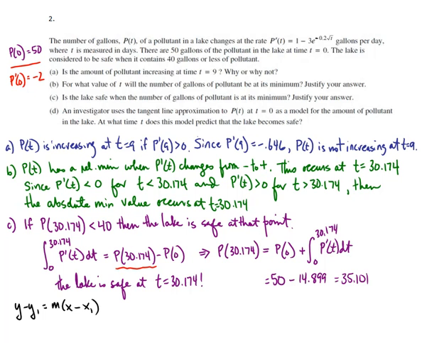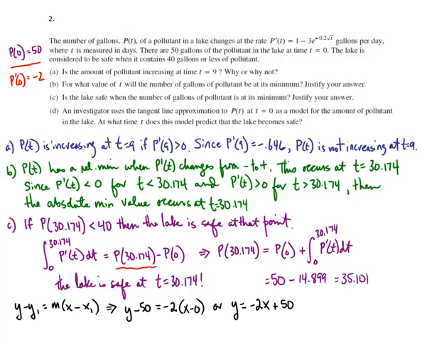The equation of the tangent line will just be a linear equation, and it's y minus y1 in point slope form. Y minus y1 is equal to m times x minus x sub 1. So y minus 50, which is my y sub 1 value, equals negative 2 times x minus 0, or y equals negative 2x plus 50.